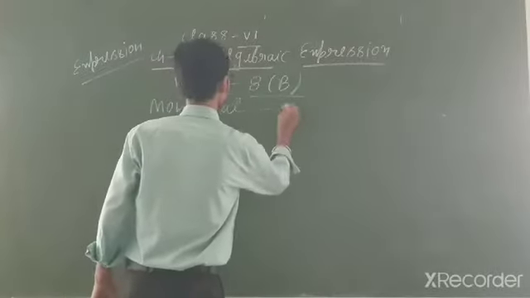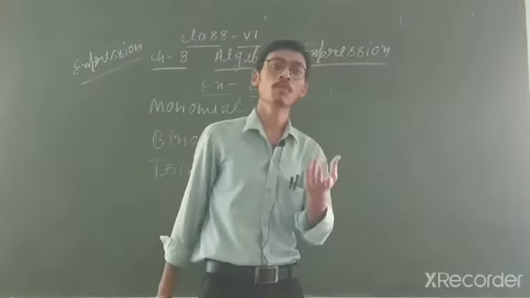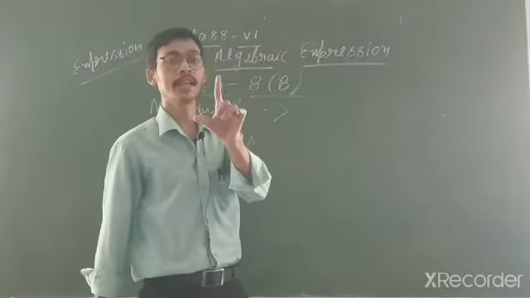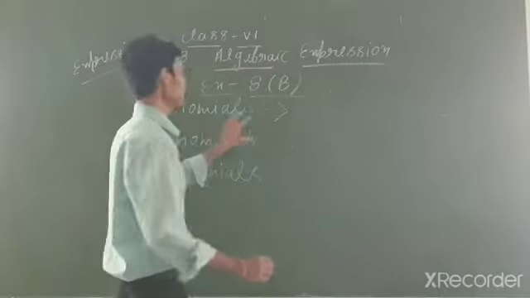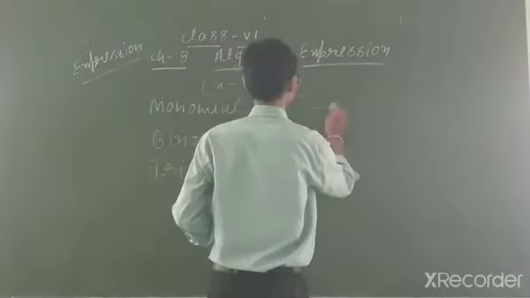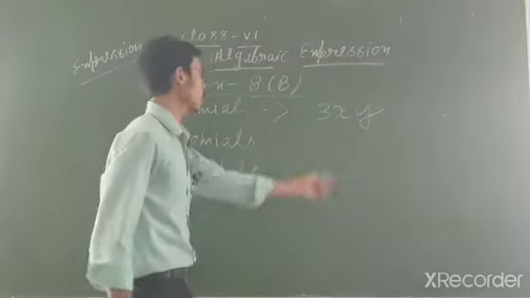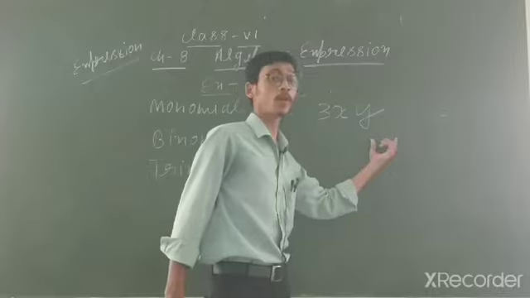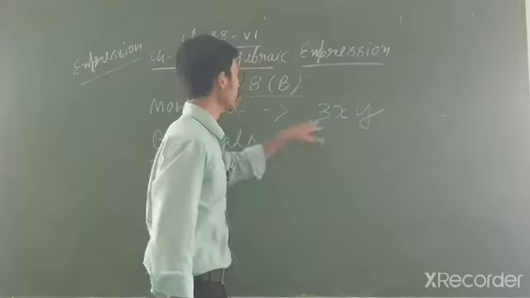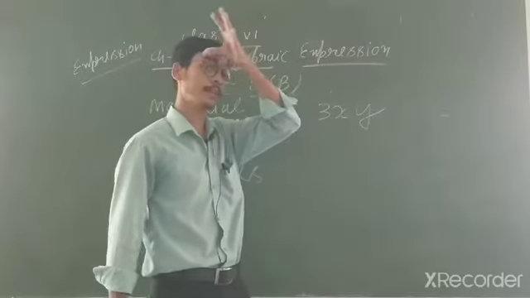Now you know that, like in science I think you studied, mono means single, only one. The expression has only one term, like if I am writing minus 3xy. Clear student? So this is what? This is your monomial. You can say, sir, here 3 is given, x is given, y is given, so this is 3 terms, this will be trinomial.